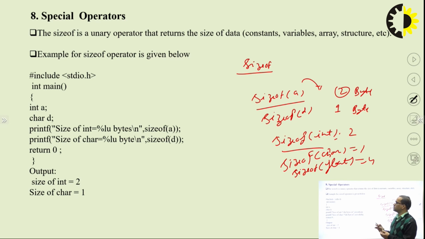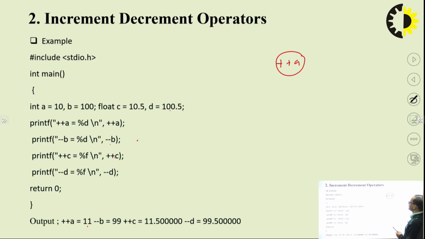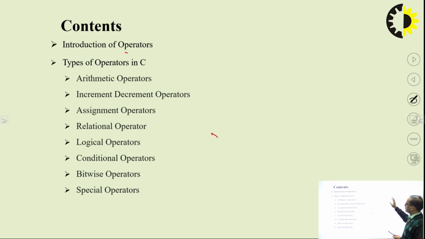So these are the 7 types of operators in C programming: arithmetic operators, increment operators, assignment operators, relational operators, logical operators, conditional operators, bitwise operators, and special operators.